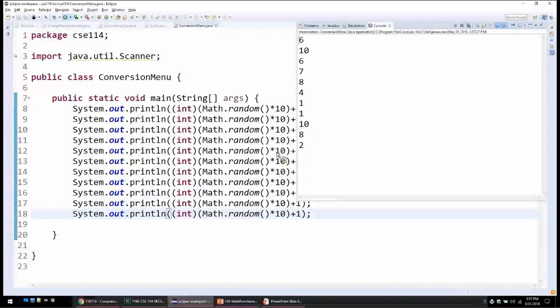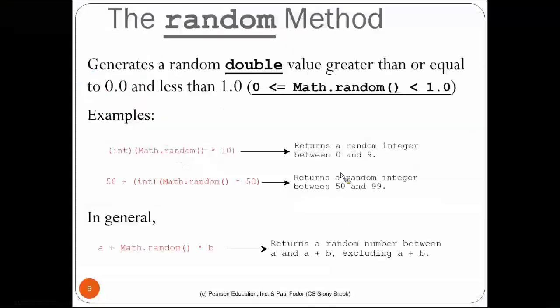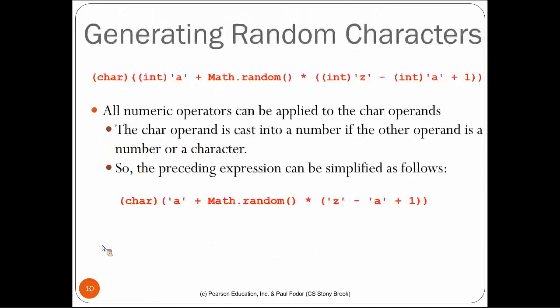In many of the cases that we previously ran, we also have 10. If we want a different interval, we can add a value to it, like 50, and a random value up to 50 will give us values between 50 and 99. In general, if you want a value in an interval from a to a plus b, you can add a to Math.random multiplied with b.